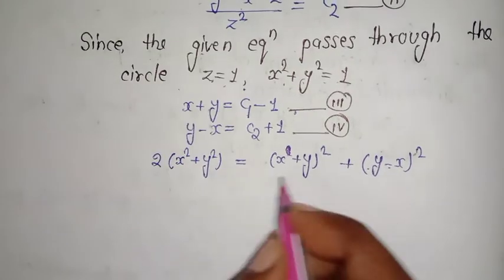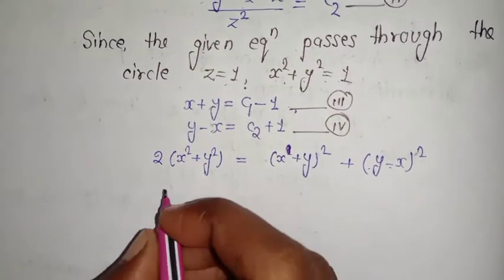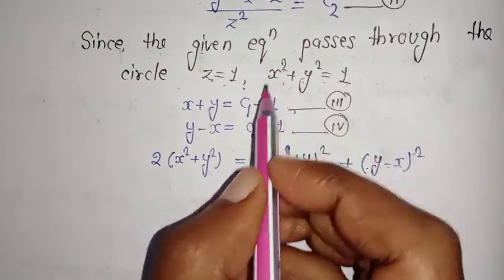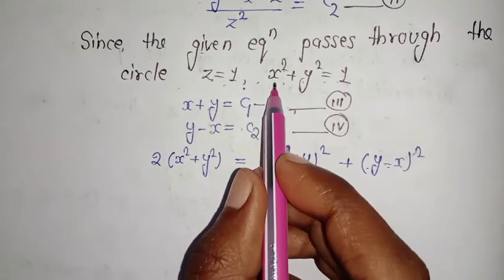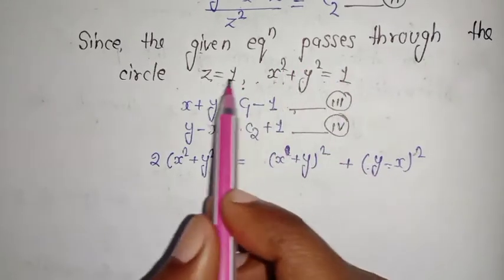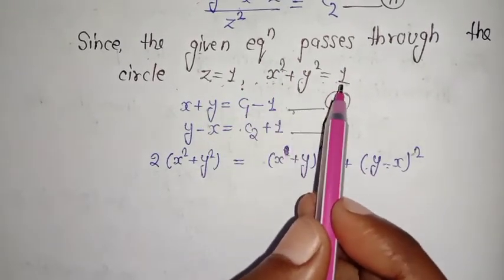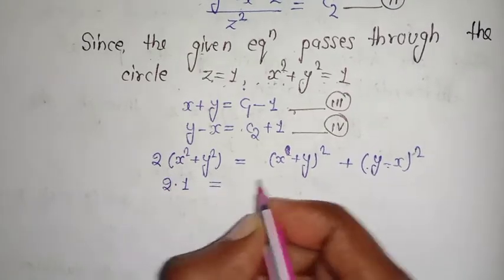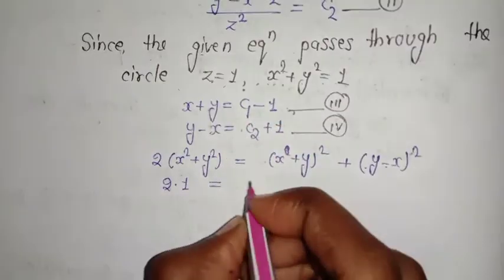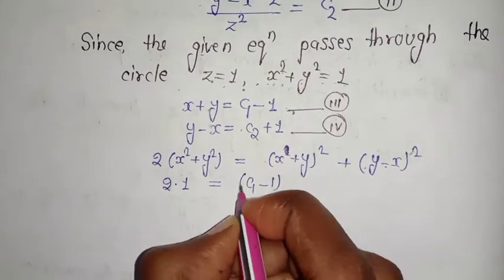So by using the identity, now I will use this equation and these two equations in this equation, because it is given that the given equation is passing through the circle x square plus y square is equal to 1, so we can use this. So it becomes 2 into 1 is equal to x plus y, which is c1 minus 1, so we can put it.